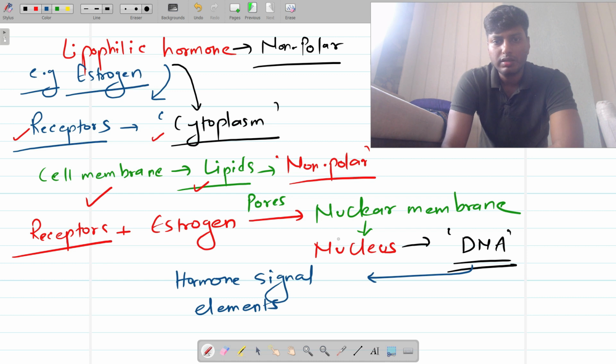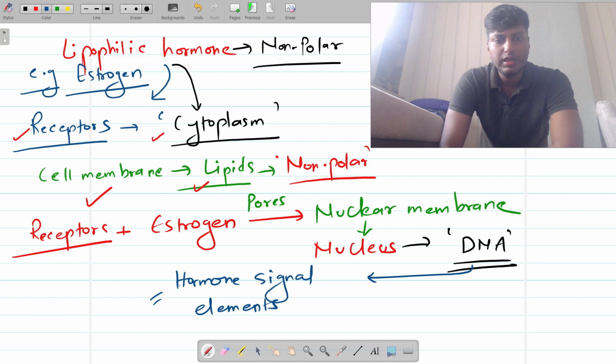So once the receptor associated with the estrogen, that is a lipophilic signal, enters the nucleus, they are going to attach to a particular site which is called the hormone signal element, which is present on the DNA.